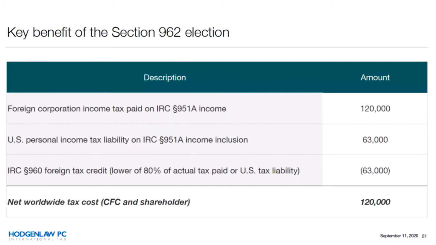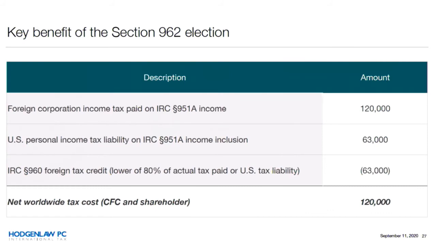And here's where everything comes together. This is the very high level result, and it shows how double taxation is eliminated because you're allowed to take the indirect foreign tax credit. So again, we're starting with the idea that this controlled foreign corporation had 600,000 net income, paid 120,000 of foreign corporate income tax. Remember, we sent that income through to the individual.